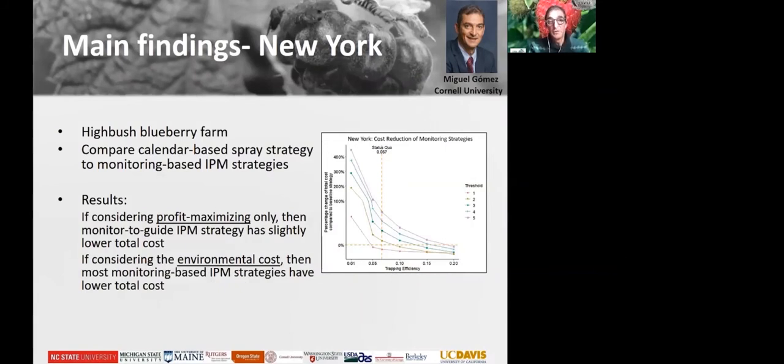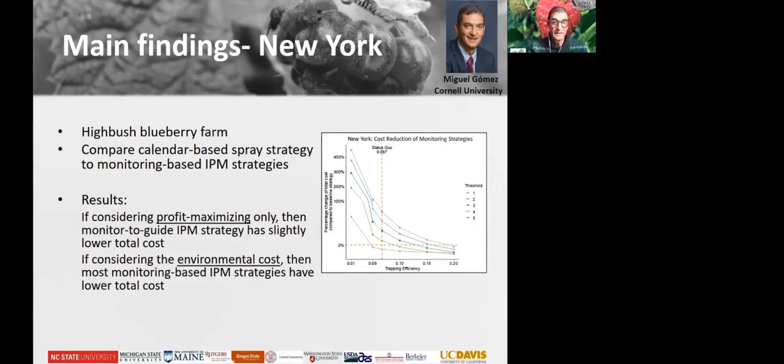And for example, in New York, we focus on high bush blueberry farms, focusing mostly on U-pick operations and sell direct to consumers. And in this case, we compare calendar-based spray strategies to monitoring-based IPM strategies.